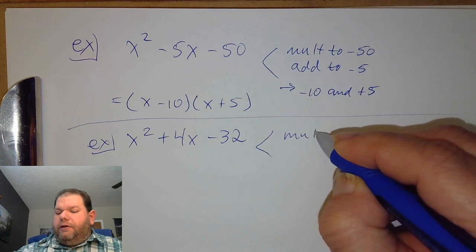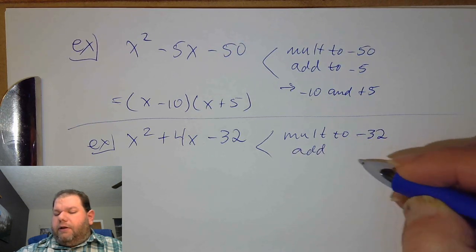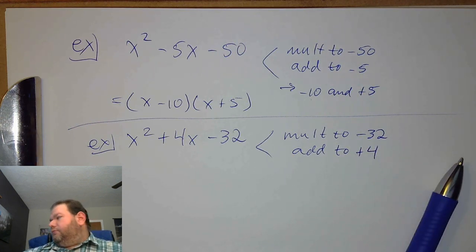Here we're going to multiply and get negative 32 and add the numbers and get a positive 4. 8 and negative 4.